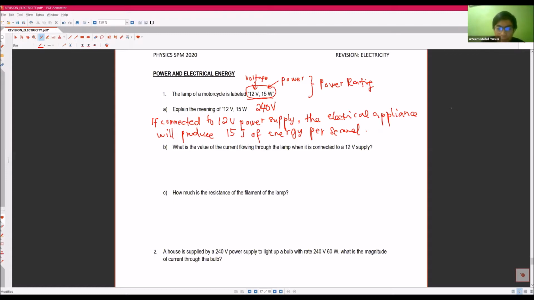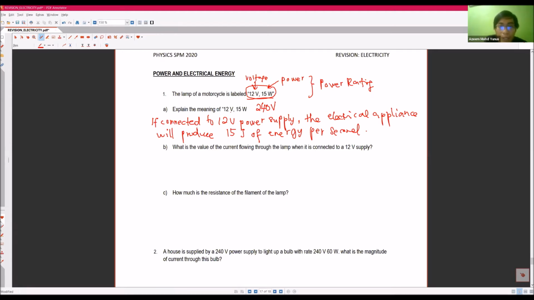But basically, to answer this type of question, which is very popular, you need to say that the electrical appliance must be connected to the stated voltage of the power rating. In this case, it is a 12 volt power supply. If it is 240 volt, then you write 240 volt power supply.